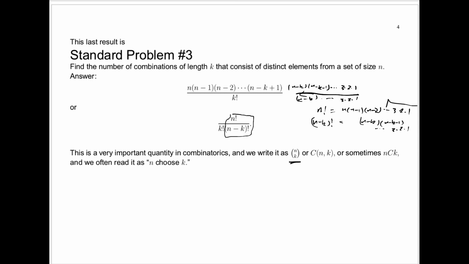Some books use nCk like this. Our book doesn't use that one, so we'll tend to avoid it, but it would still mean n choose k, or the combination number n k, or sometimes we'll call it a binomial coefficient n k. We'll learn more about why we use those names shortly.